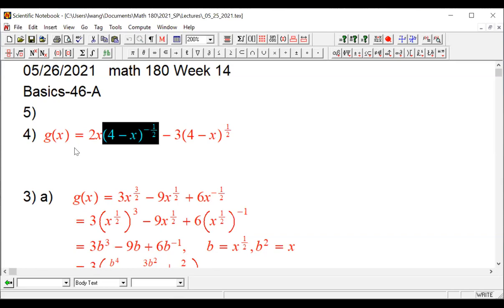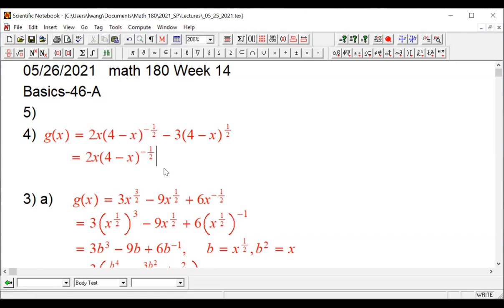So let me show you. Over here, you have the lowest exponent on 4 minus x. On the other one, you don't have it, right? That's okay. We can create one.